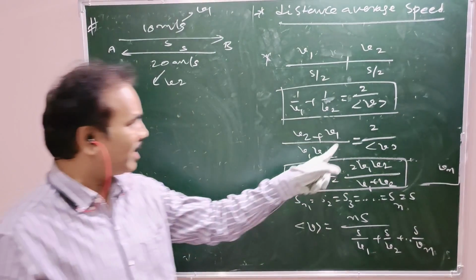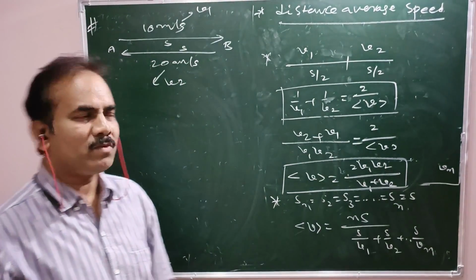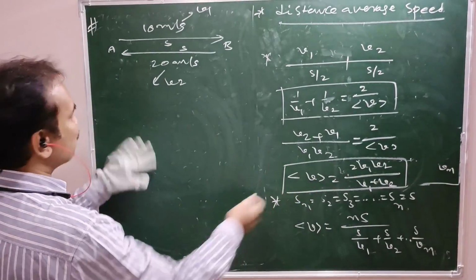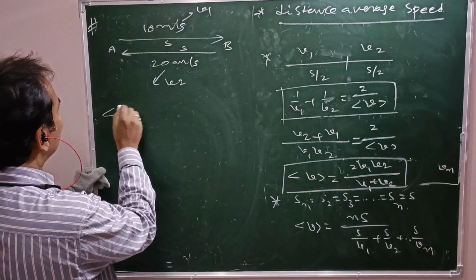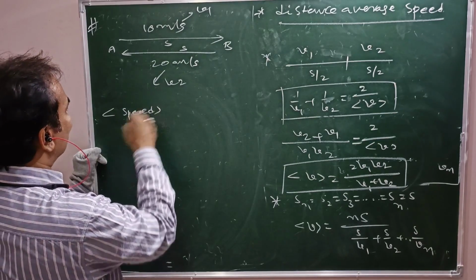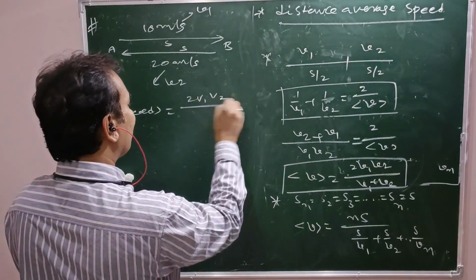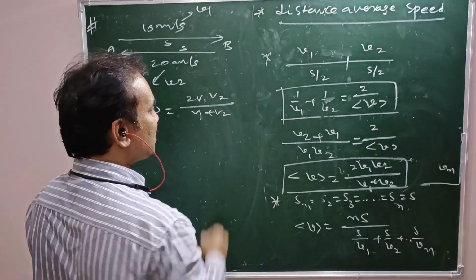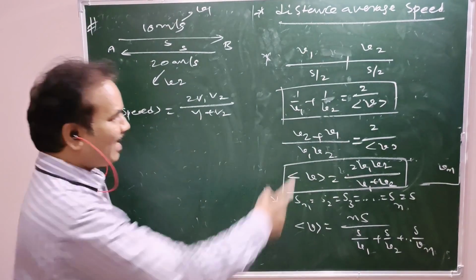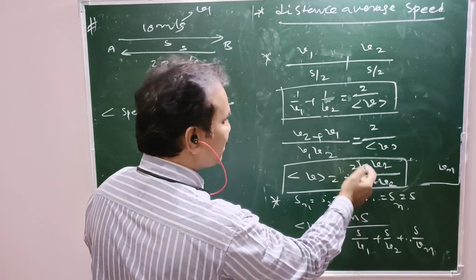In case of successive equal distances, what is the expression? 2v1 v2 by v1 plus v2. Direct expression, that is v average speed equal to 2v1 v2 by v1 plus v2. Otherwise 1 by v1 plus 1 by v2 equal to 2 by v average. After writing this one, make v average the subject, we can have this expression.